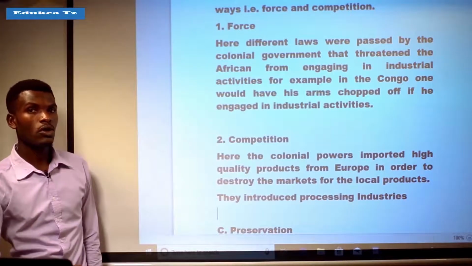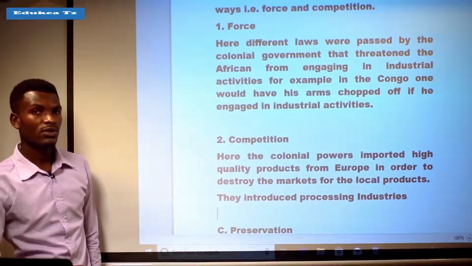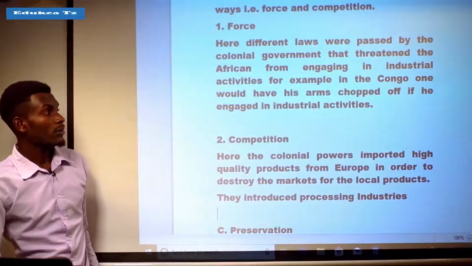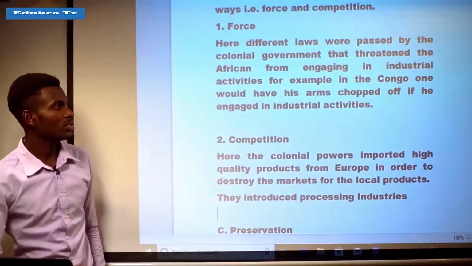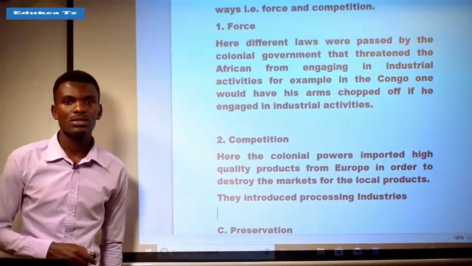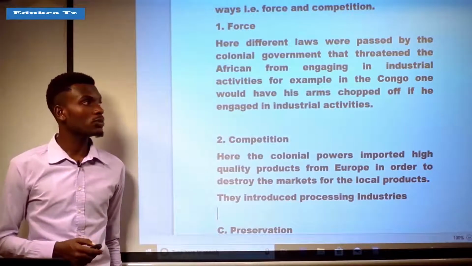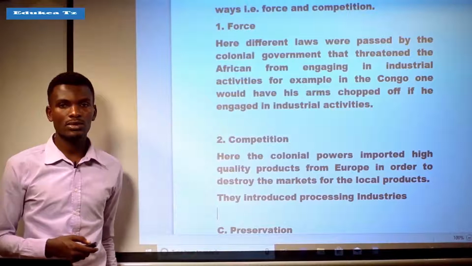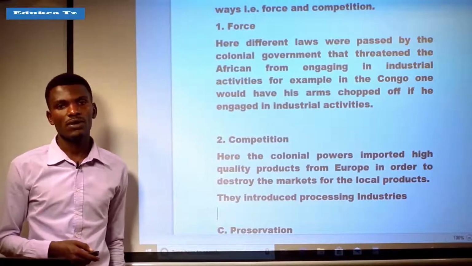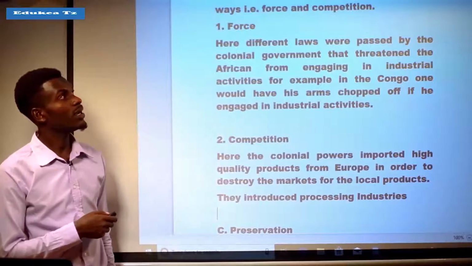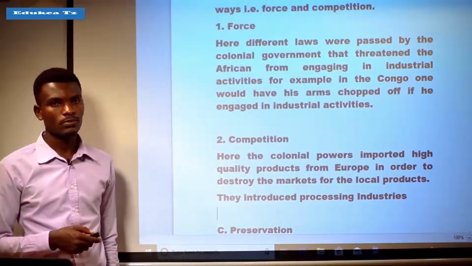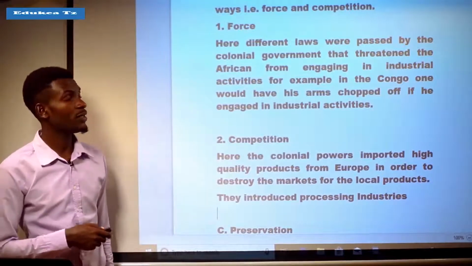For example, in the Democratic Republic of Congo, if someone was caught engaging in industrial activities, their hands or arms could be chopped off. So that was the way whereby the destruction was implemented by using force.